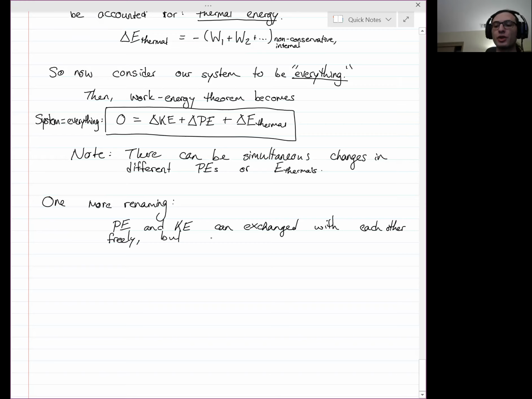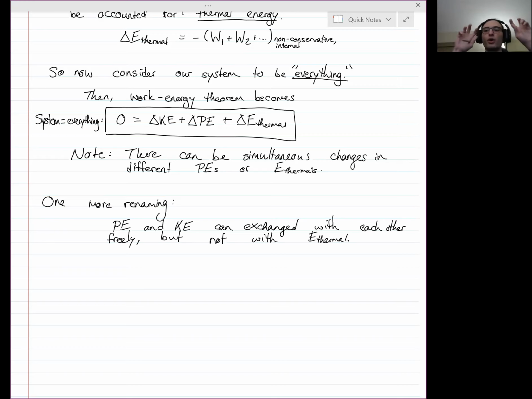But that's not true with thermal energy. What I mean by that is that thermal energy is almost a one-way ticket. You can easily trade potential energy or kinetic energy for thermal energy, but you cannot trade thermal energy for either kinetic or potential energy.